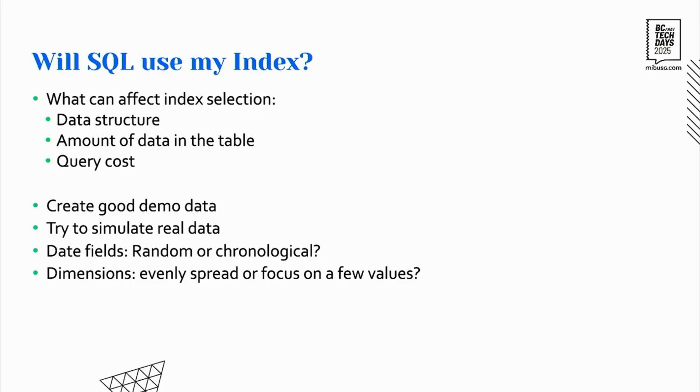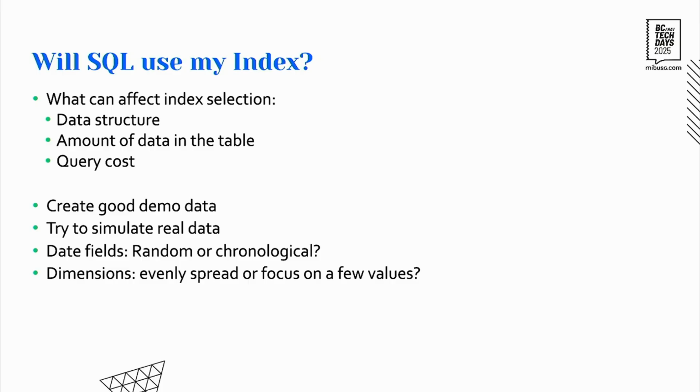And the idea is, if you want to reproduce and test this in your dev environment, you need to create good demo data. First of all, enough demo data, and then also you want to match the data structure as well as possible to production. So if you have dimension values in your table, for example, which are distributed equally over all the values, you want to do that.